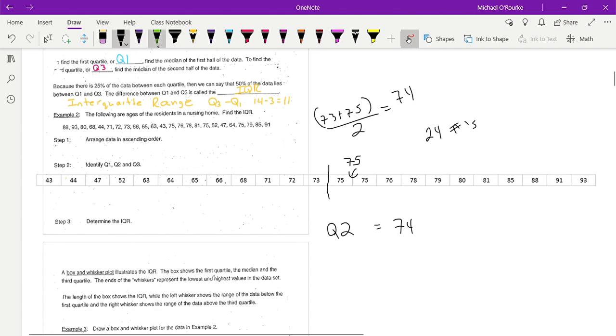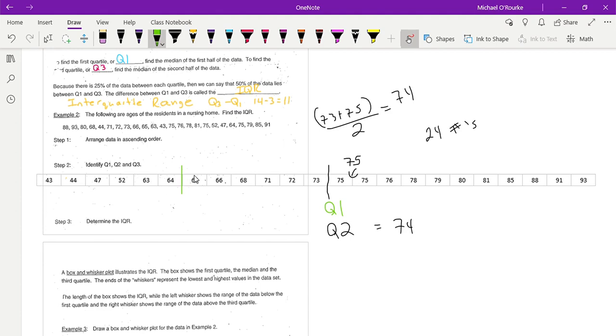So then, to find my Q1, I know I have how many terms here? I got 12, correct? So I'm going to go 6.5 in. So 1, 2, 3, 4, 5, 6 on this side, 6 on that side. I'm going to take the middle of these 2.